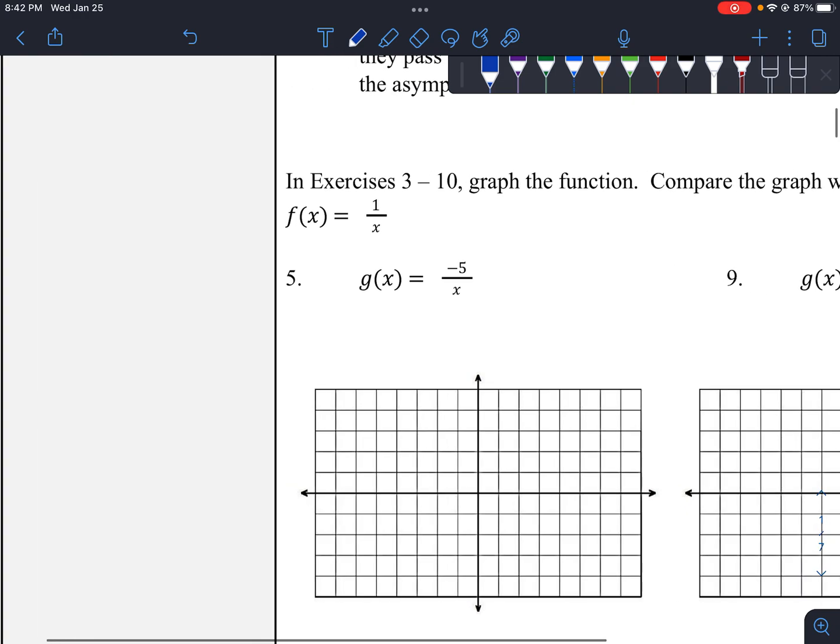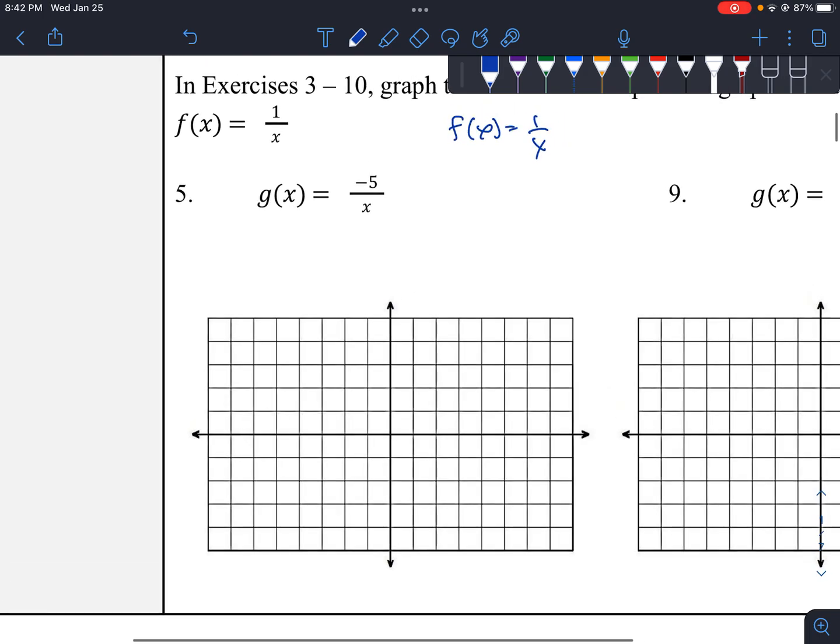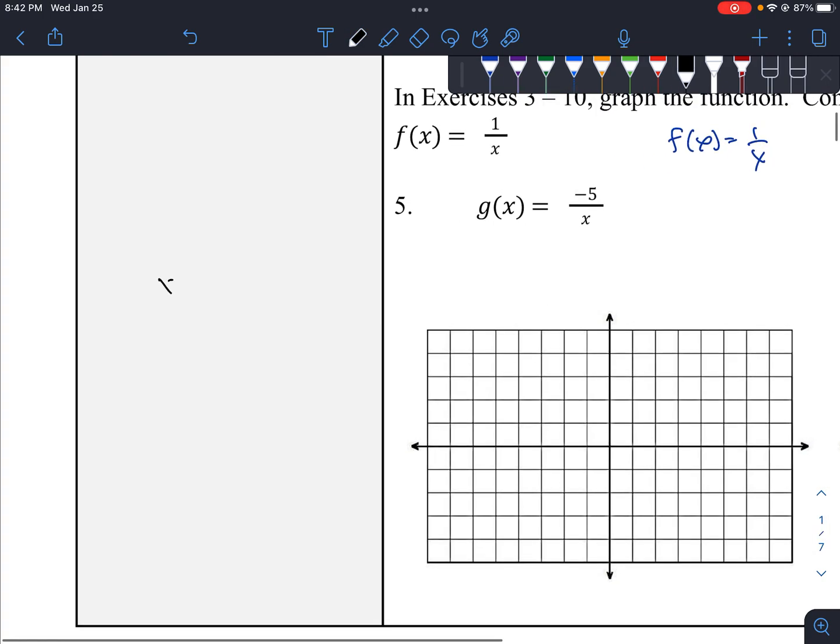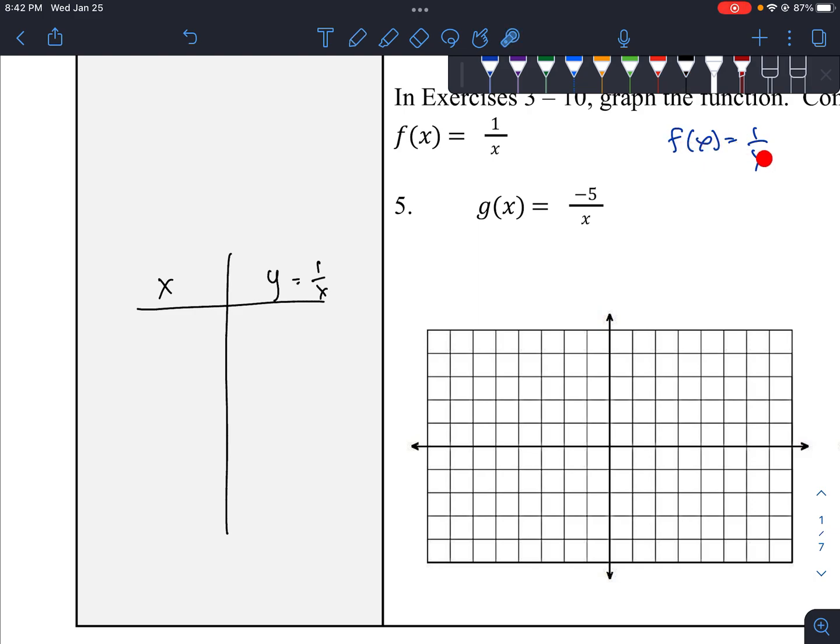First of all, let's graph 1 divided by x. So f of x is equal to 1 divided by x. This is the parent function. I'm thinking about numbers that I can plug into this function. If I make a table of x and y, where y is equal to 1 over x, the only good number I could plug in is 1.